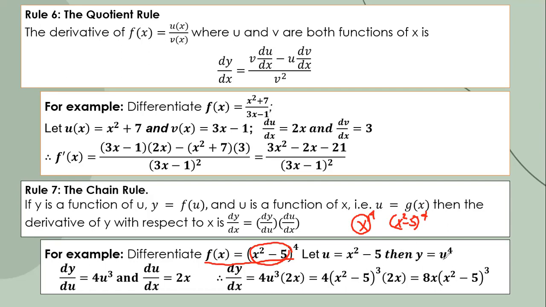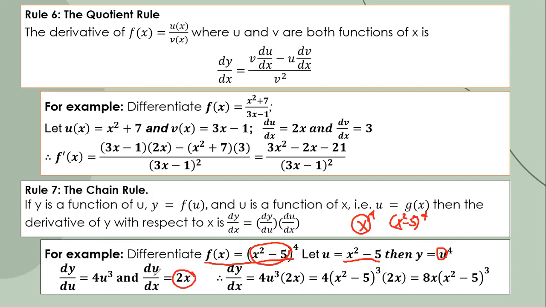Kasi itong buong u na to ay nilet natin, equal siya sa x squared minus 5. So we have dy over du is equal to 4u cubed. Okay, so power rule. 4u cubed and du over dx is equal to 2x.